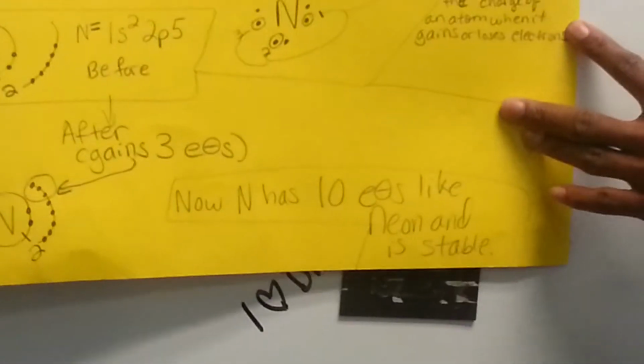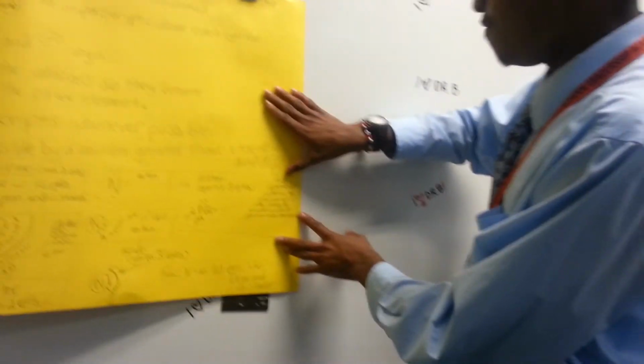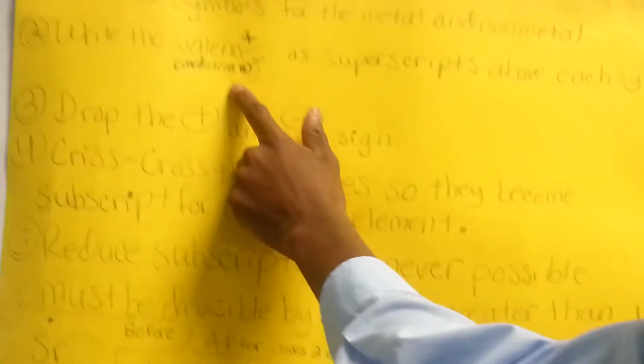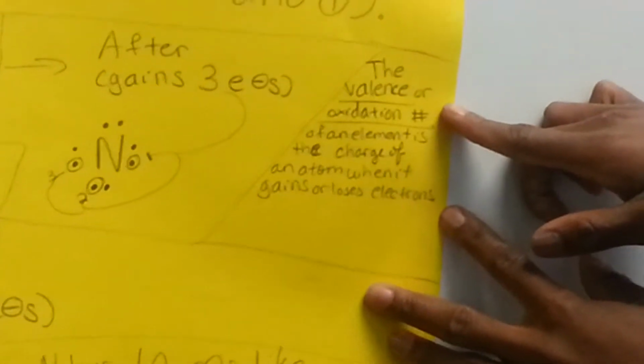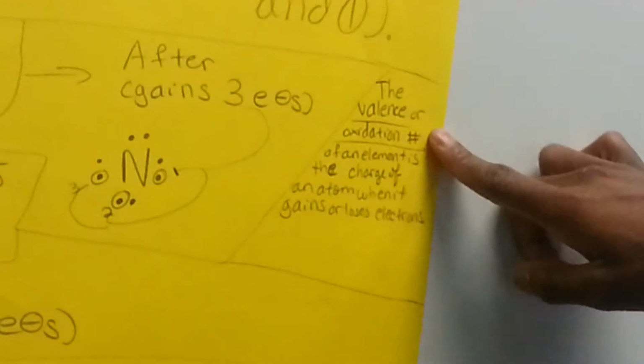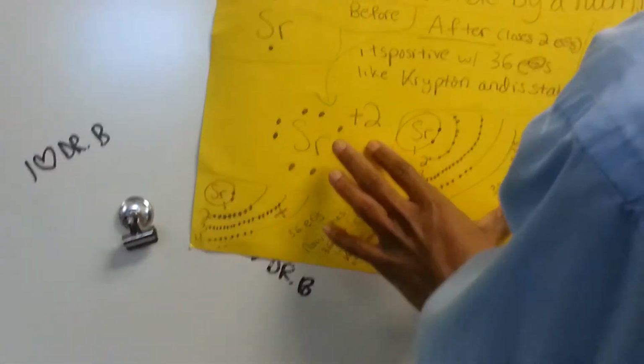Now here's a little something extra. The valence, as we were introduced in our ionic bond formula, the 5-step format, the valence or oxidation number of an element is the charge of an element when it gains or loses electrons. For example, Sr plus 2 or N minus 3.